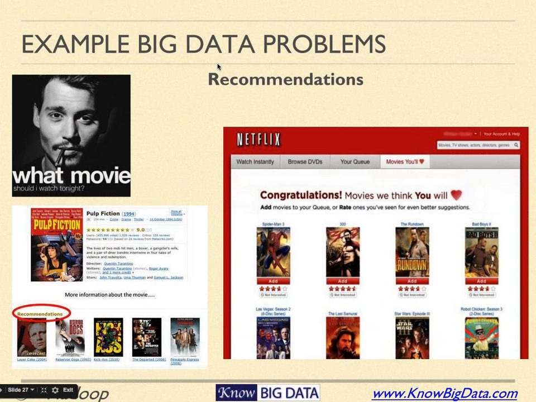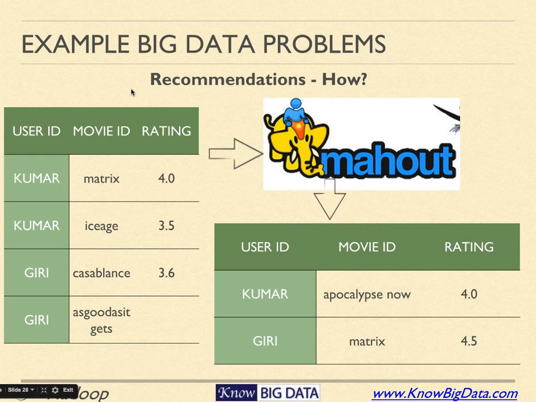The third kind of recommendation, you can see, is based on your past history. Based on which movies you have rated and how, it has given you the recommendation.